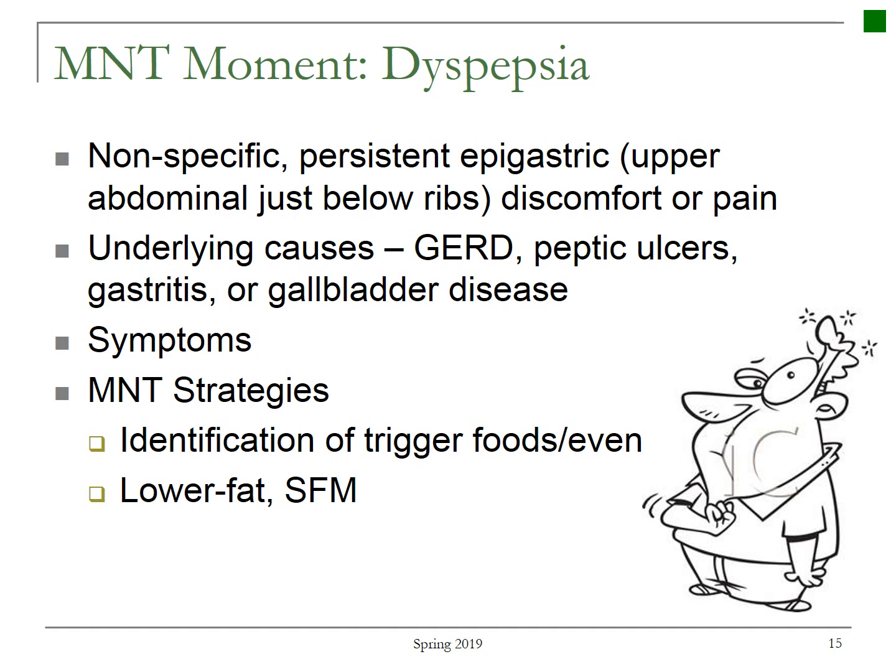Belching, postprandial nausea, and abdominal bloating are common as well. The medical nutrition therapy strategies include tracking when the dyspepsia occurs and noting what foods have been eaten, and a shift to lower fat, small, more frequent meals to counteract the feelings of fullness or early satiety.